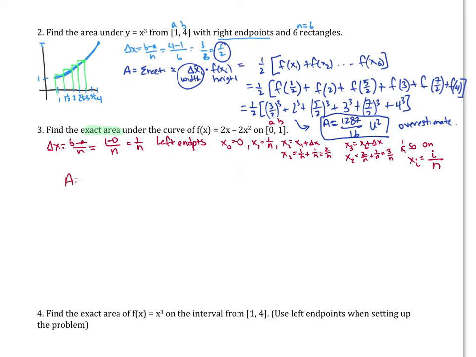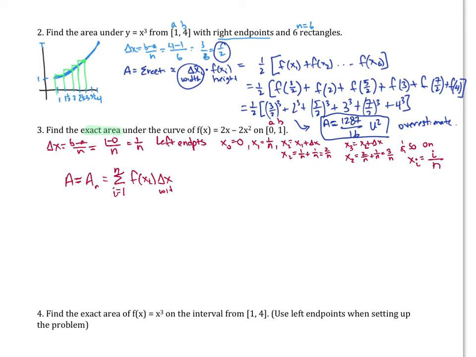So the area will be approximately a sub n, right? And it's going to be the sum from i equals 1, in our case, to n, and I'm calling f of 0 in my case. And this is f of x sub i times my delta x.